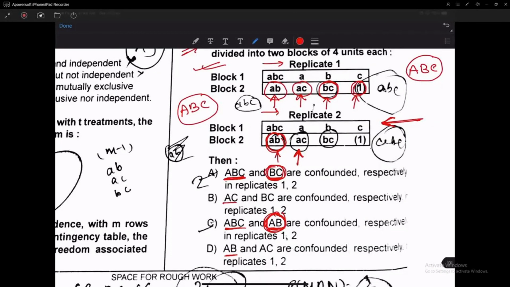But according to the options, ABC is obviously confounded in the first replicate. So from the options BC or AC, either option A or option C must be correct, but both options are wrong. So the complete question is wrong.